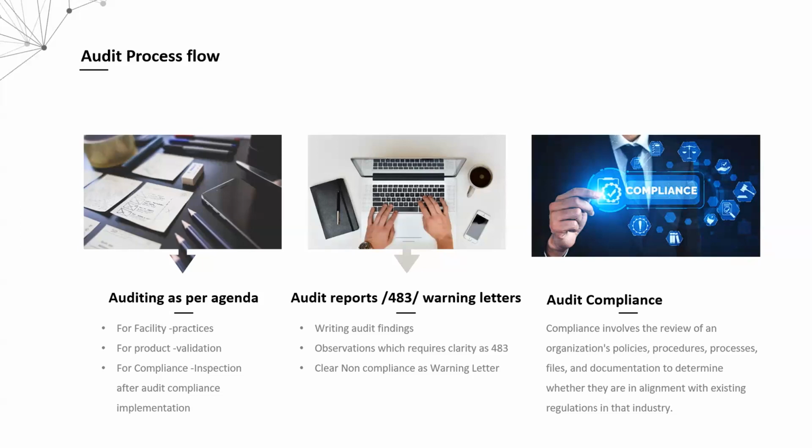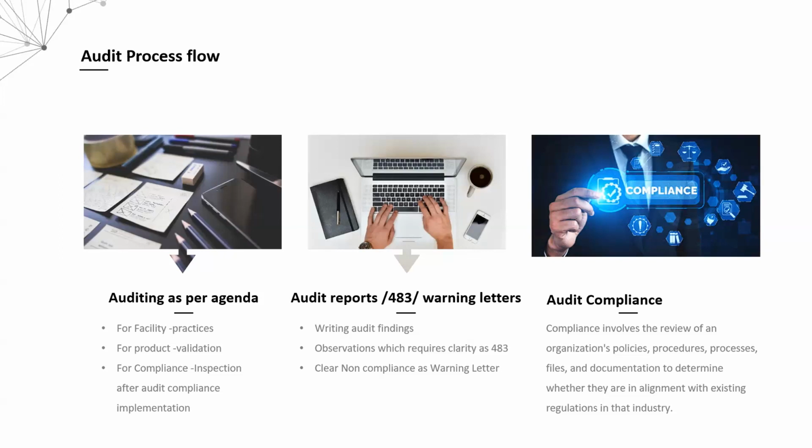After the issuance of non-compliance letters or audit observations, the next step is audit compliance. This compliance involves the review of the organization's policies, procedures, processes, files, and documentation to determine whether they are in alignment with the existing regulations in the industry.